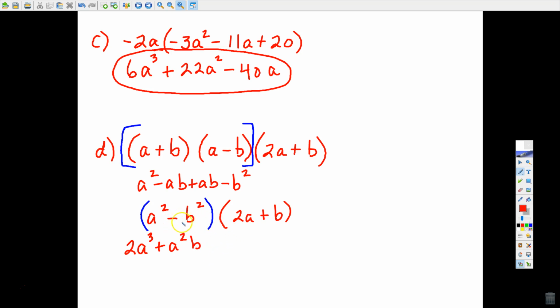Now I'm going to multiply negative b squared times 2a, negative 2ab squared. And now I'm going to multiply these last terms together. Negative b squared times b is negative b to the third, 2 plus 1. And I don't have any other like terms that I can combine. And so that ends up being my final answer.